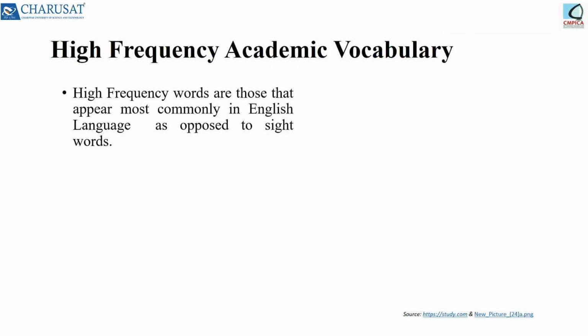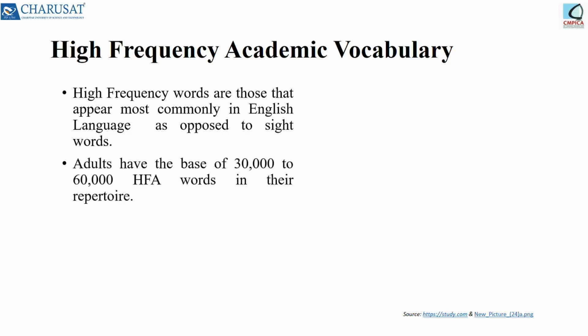Therefore, high frequency academic vocabulary are the words that appear most commonly in the English language, as opposed to sight words. Adults, again an important point to be noted, use a base of 30,000 to 60,000 high frequency words in their repertoire.